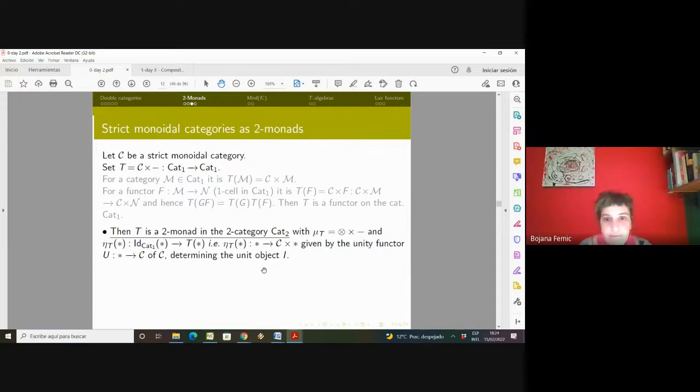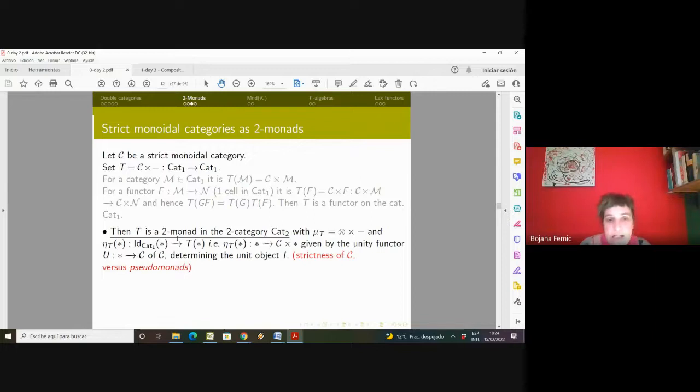And so mu and eta are natural transformations, and as such they are two cells in the two category of categories.